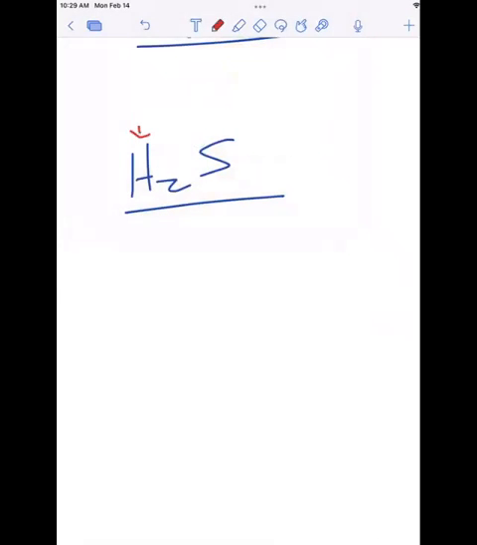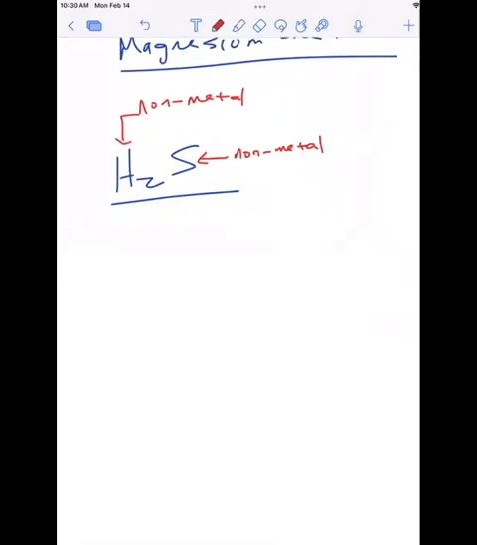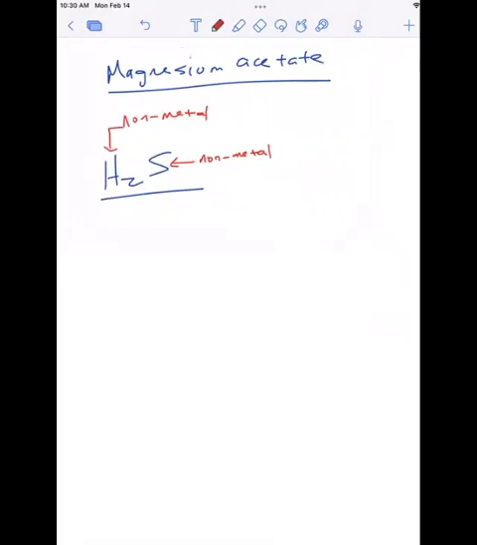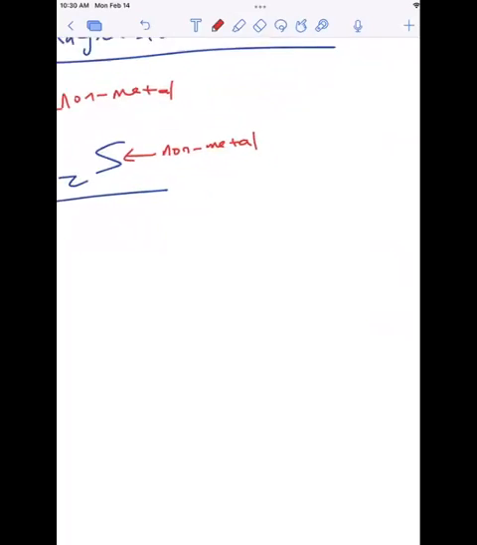A non-metal, good. And then sulfur is also a non-metal. All right. So you think this is ionic or covalent? Covalent.